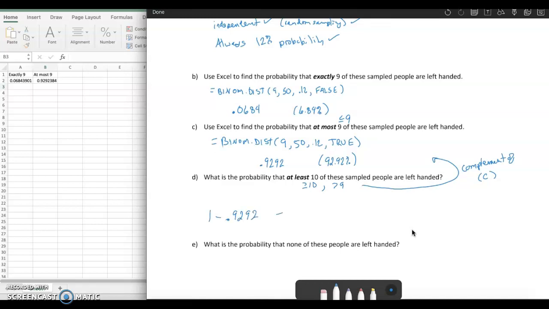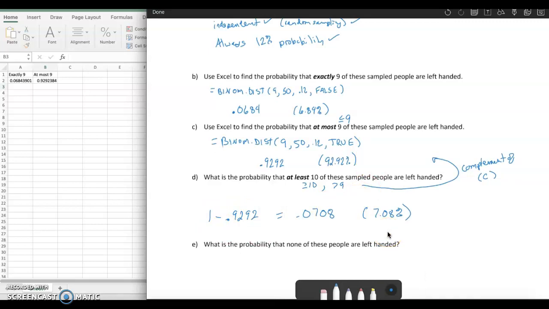And if you subtract that out, you get 0.0708, which is 7.08%. That's the only way to do a greater than probability like this. You have to recognize what it is the complement of, and calculate that specific value. So if I hadn't done this part yet, I would have to go ahead and calculate that at this point and then subtract. So read your questions very carefully to see if you're going to need to do the complement rule.